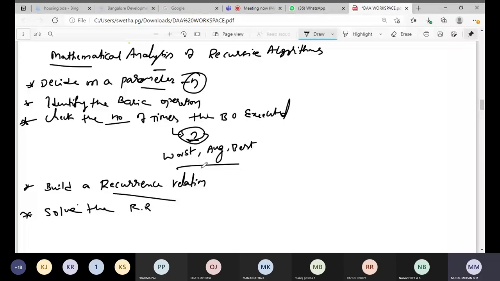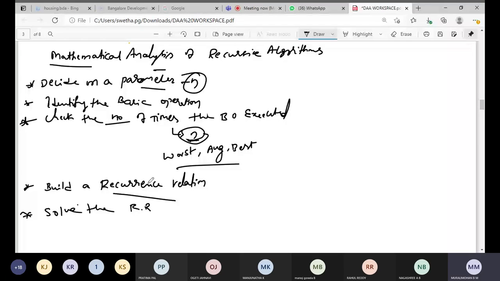Next, the fourth step says build a recurrence relation. It includes the number of times the basic operation is executed, including the constant time also. So we'll build a recurrence relation.